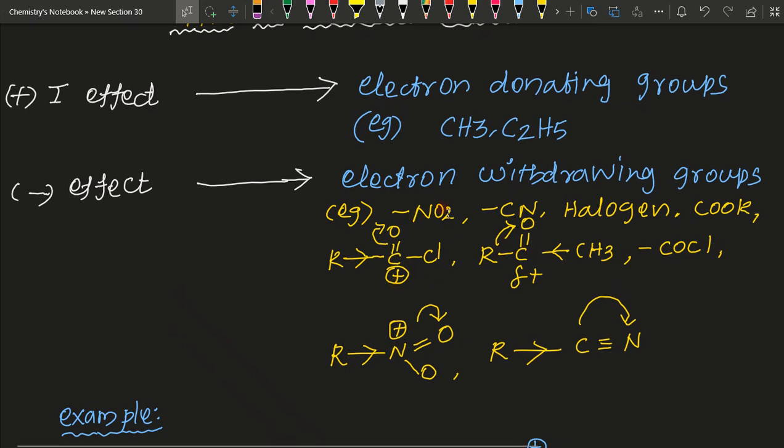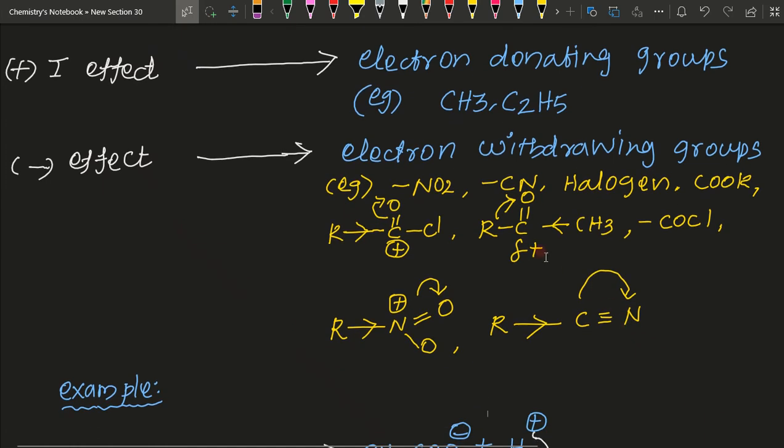For example, NO2, CN, halogen, COR, COCl, or COCH3, COOH, or CN.